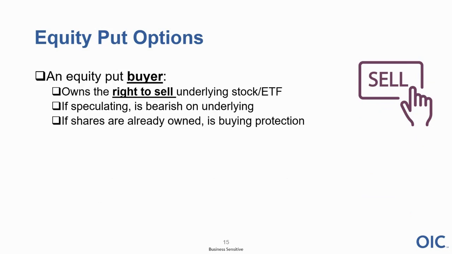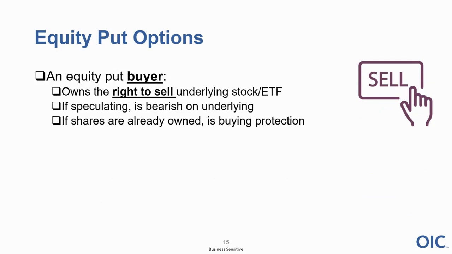Come Monday morning, you wake up, something happened over the weekend, either with the company or some socioeconomic or political landscape, and now that stock is trading at $90 a share. With that put, you can simply exercise your put, which is something we'll cover later today. You can exercise your put and sell those shares at $98, even though they're trading at $90 in the market.